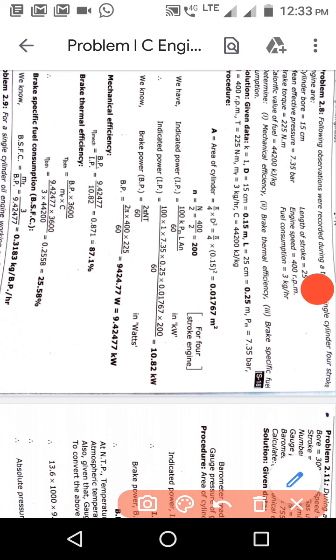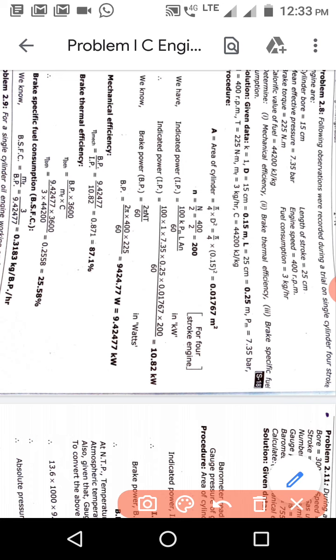So first we have to calculate the mechanical efficiency. Prior to calculating mechanical efficiency, we have to find out indicated power as well as brake power. While reading the problem, we have already noted that the pressure is given in bar.